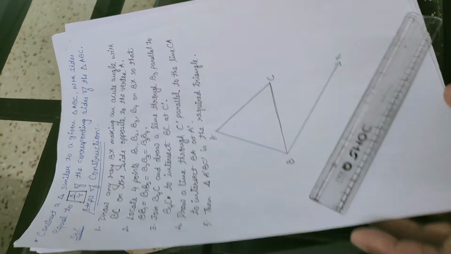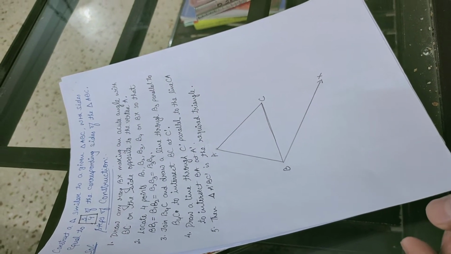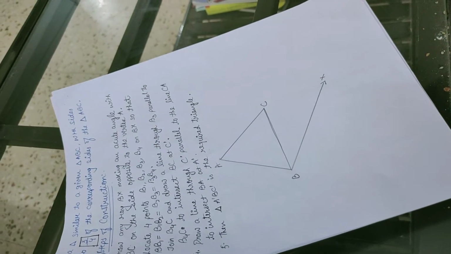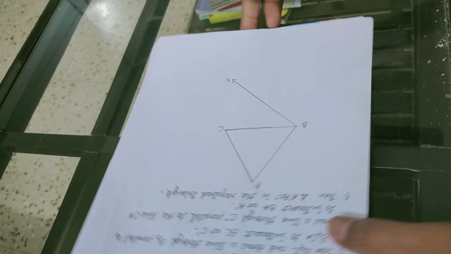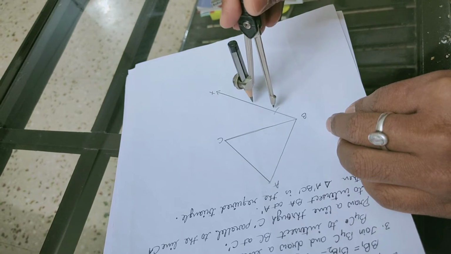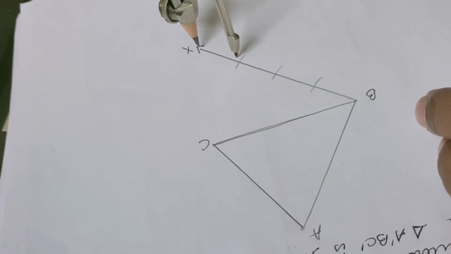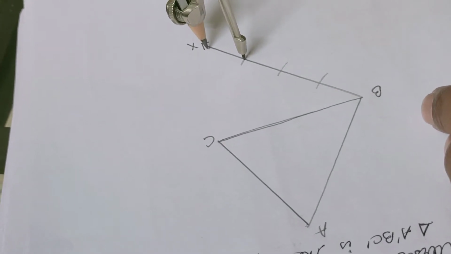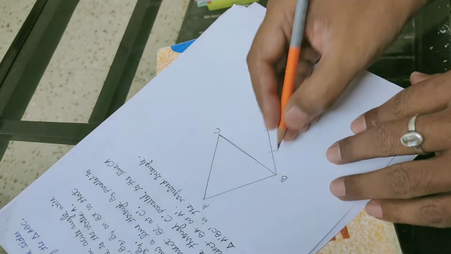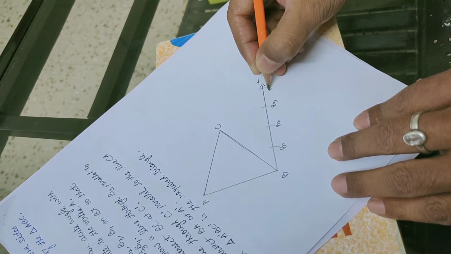Now, we will locate 4 points B1, B2, B3 and B4 on BX at any radius. We will name them B1, B2, B3, B4.